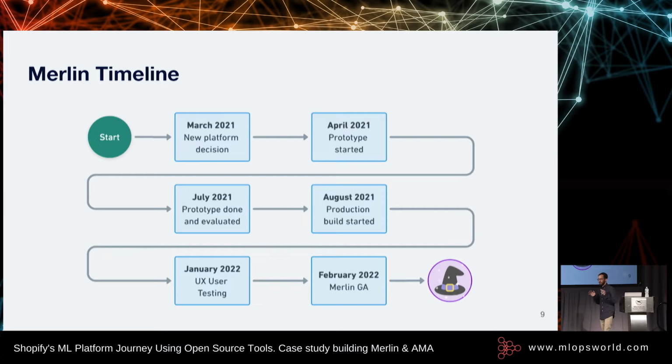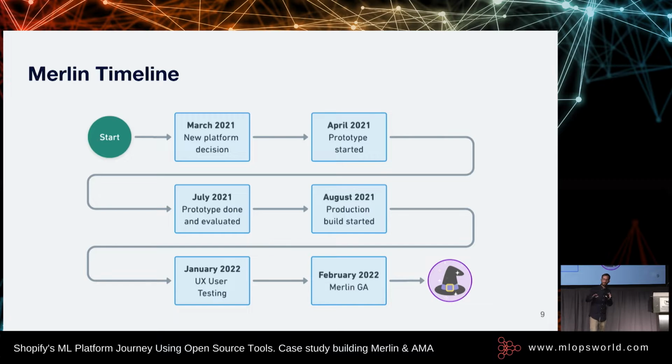The timeline for building Merlin started back in March 2021, when we made a decision to rebuild the platform. In April, we started prototyping with different tools and technologies. And then in August, we started building the actual production platform. In early February 2022, we released Merlin as general availability to all of our users.